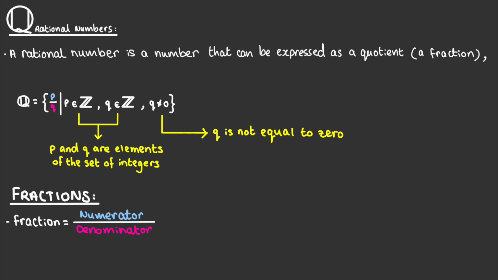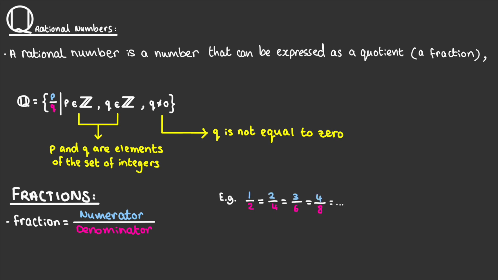The number 2 is not a fraction, but it's still an element of the set of rational numbers. The reason that the number 2 is included in the set of rational numbers is because the set of rational numbers contains all of the integers and natural numbers. The number 2 can still be written as 2 divided by 1, but we simplify that to 2. And for this reason we can say that not all rational numbers are fractions.